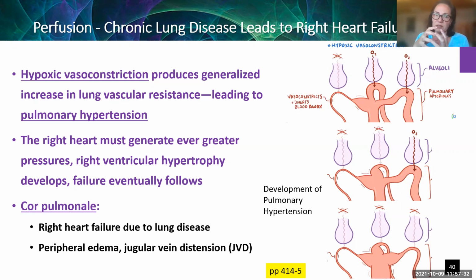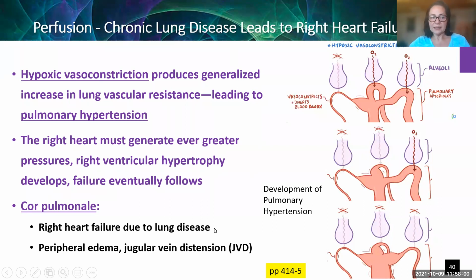And so that makes the heart less able to pump against all this pressure. So either way, if we get failure of the right ventricle as a result of a pulmonary problem, this is referred to as cor pulmonale. This is from the Latin cor, heart, and pulmonale, the pulmonary. So it's right heart failure due to a lung disease.